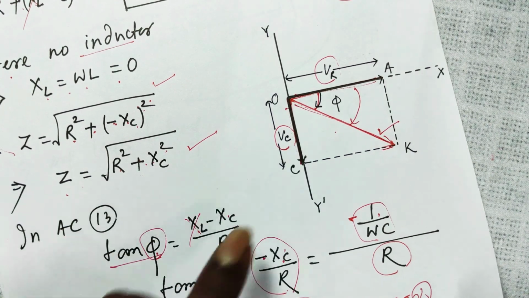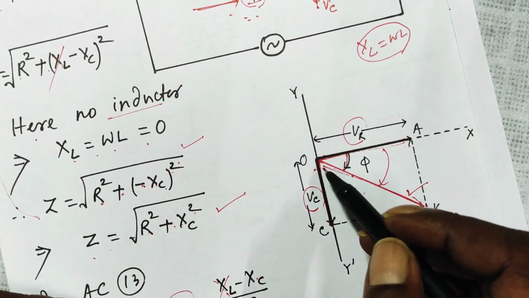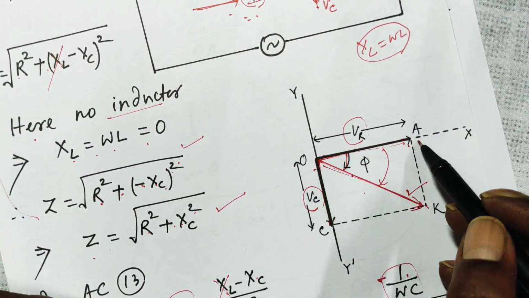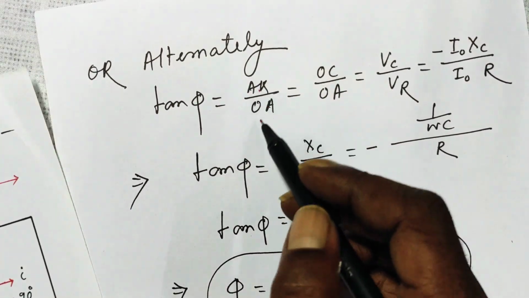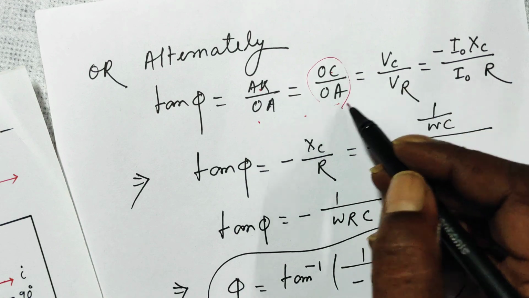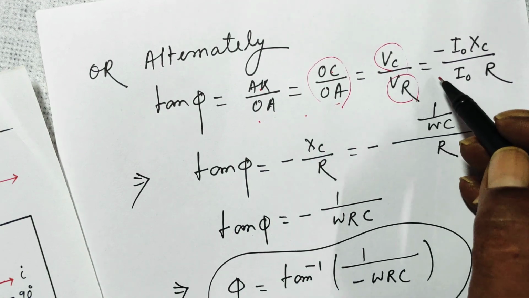If you look at this triangle, tan phi is equal to AK over OA, that is OC over OA, that is VC over VR.